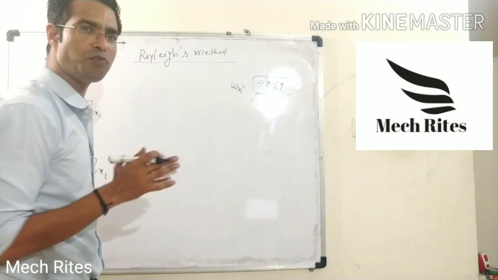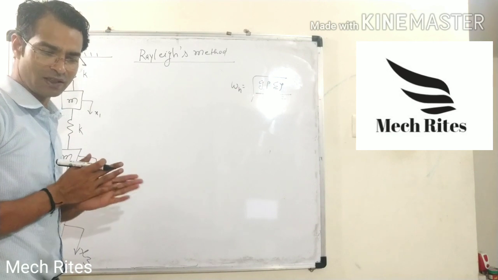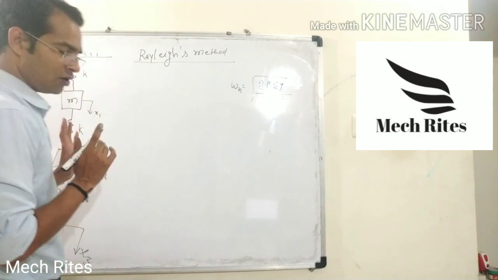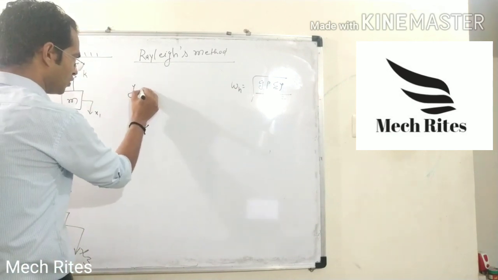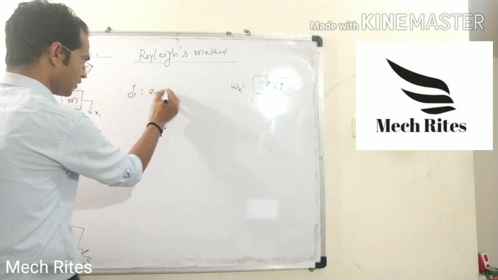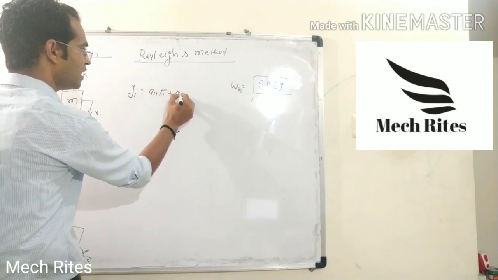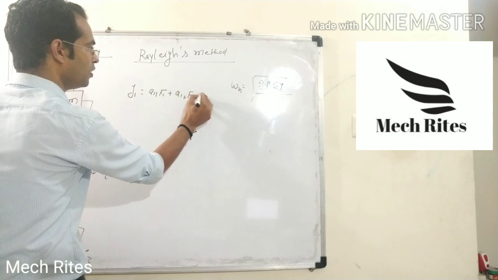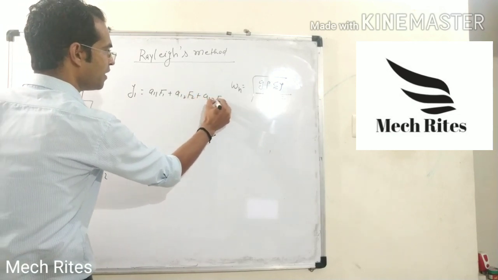So first of all, we have to find the value of deflection. So how to find? We know that y1 equal to a11 f1 plus a12 f2 plus a13 f3.